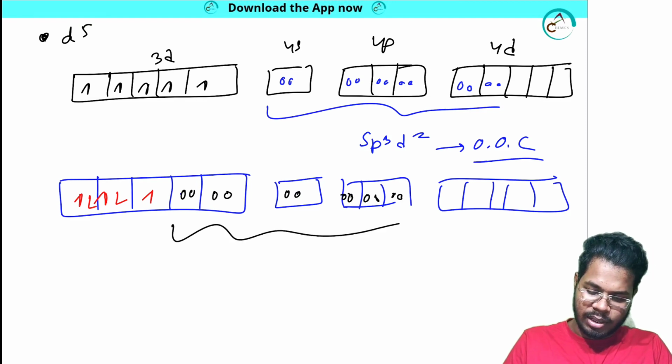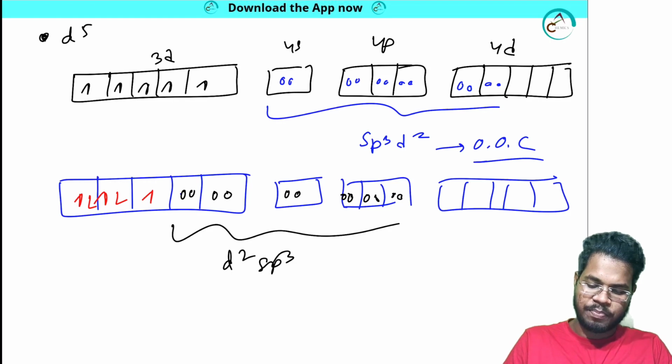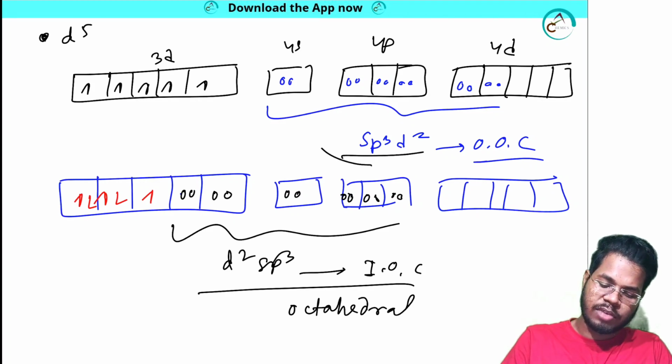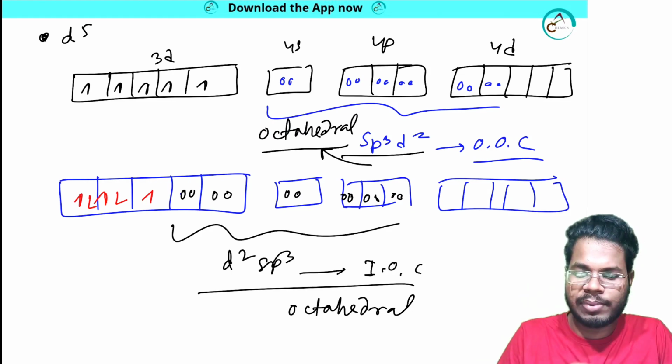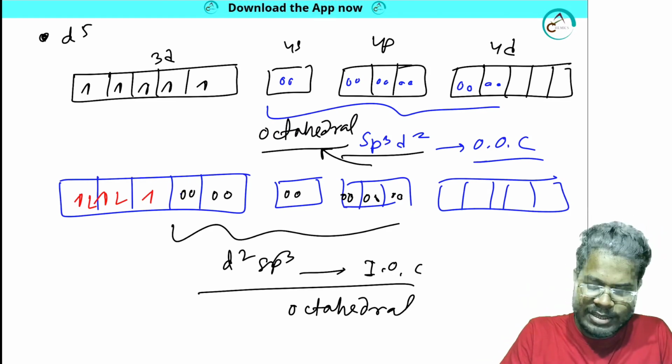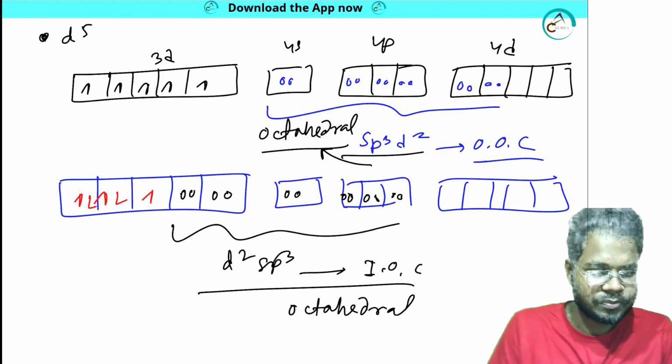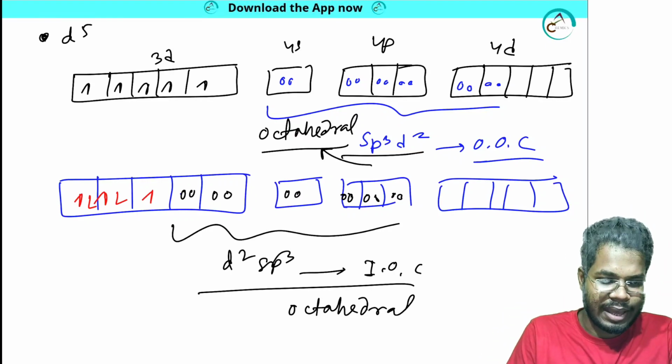So if I have here d2sp3, that will also give us an inner orbital complex. Both will have octahedral structure. So if I give you the real example, the examples will be like that. For the outer orbital complex, that means for the first one, I can give you the example like that.